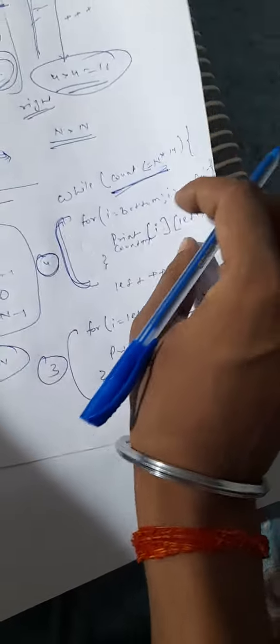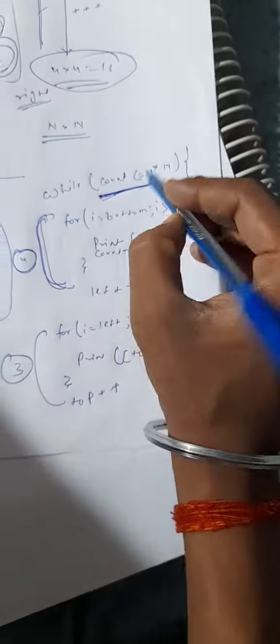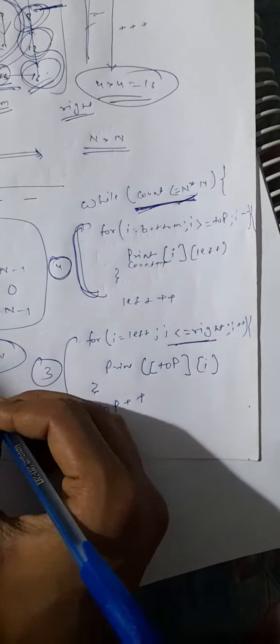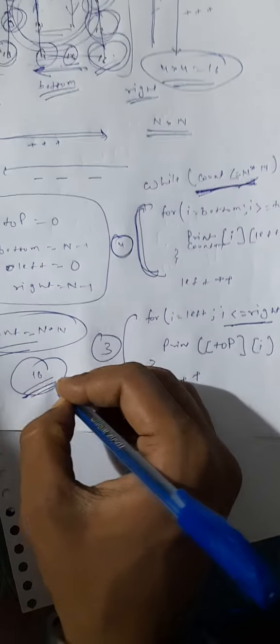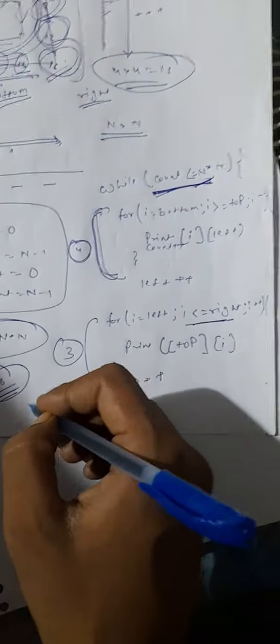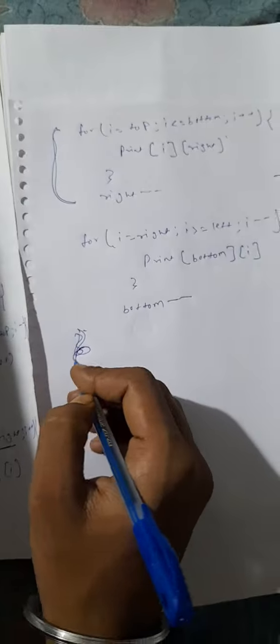So when we use the loop, it tracks our count. When count goes greater than 16, then we have to break the loop. Okay, we have to break the loop, close the loop, right?